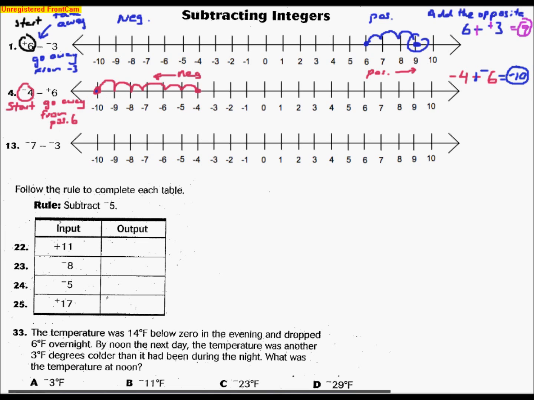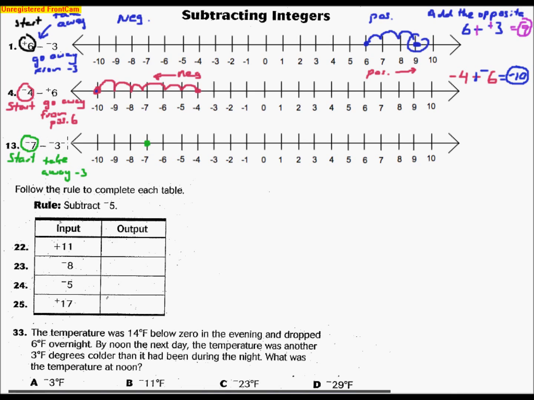Here's another problem to try similar to that. Here we are again, starting at the first number. We start here, and we're going over to -7. Again, this minus sign means that we're taking away. We're going away from -3. We take away -3.